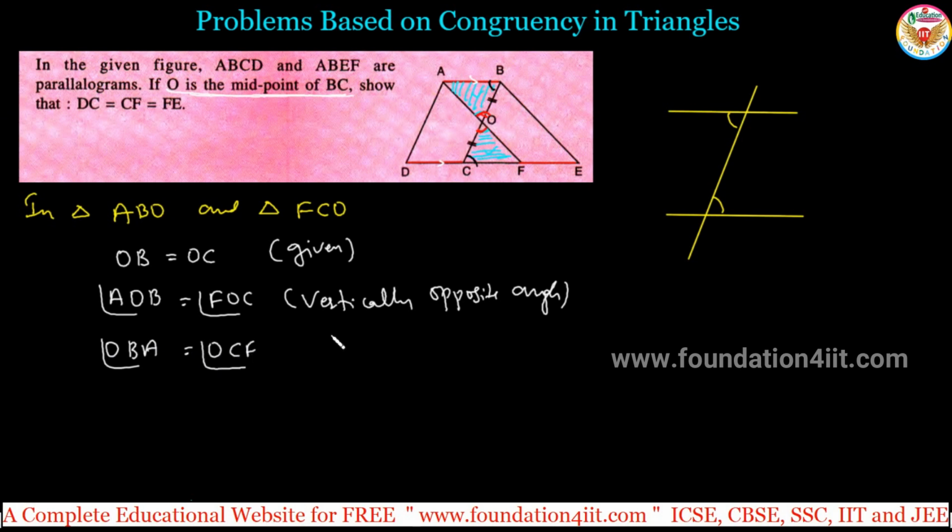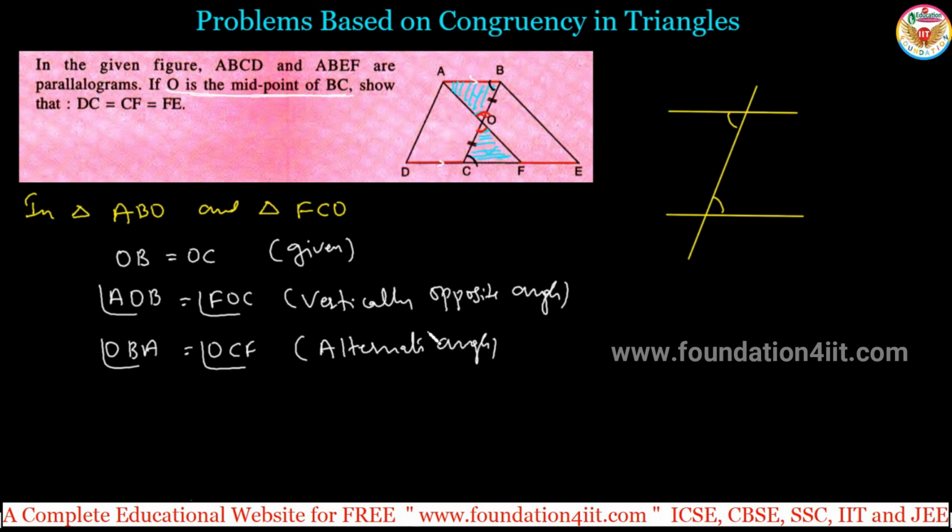These two angles are the same. This is alternate angles. Alternate angles are equal. Side, angle and angle, so angle, side, angle: ASA.